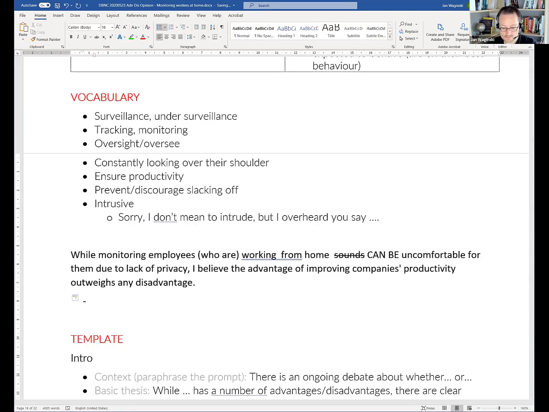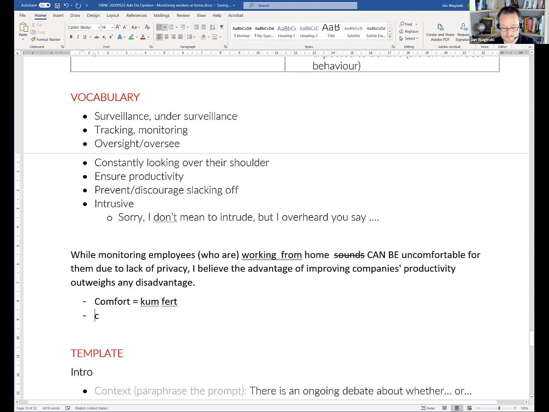So if you use the word comfort, it's pronounced the way it's spelled. But this word, it's not pronounced comfortable. People say comfortable. So it's F-T-E-R.